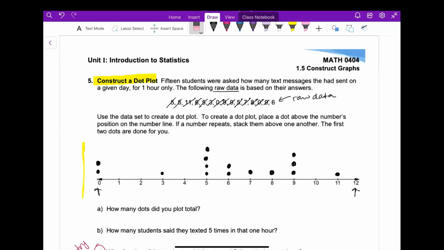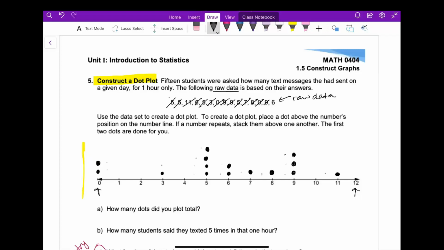How many dots did you plot total? Ooh, I actually didn't remind you to check if we had all our data. So remember to check. So I'm going to take a step back and I'm going to check to see if I missed anything. So I have 1, 2, 3, 4, 5, 6, 7, 8, 9, 10, 11, 12, 13, 14, 15 dots.